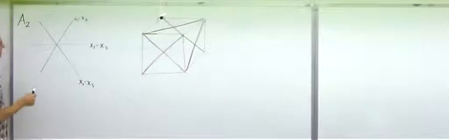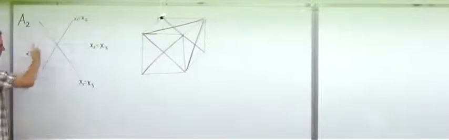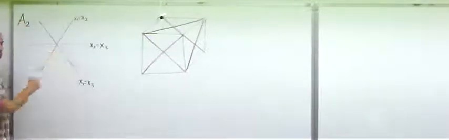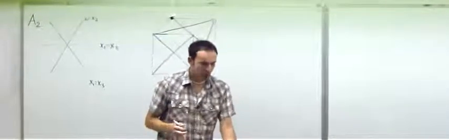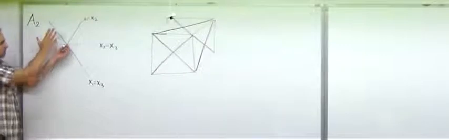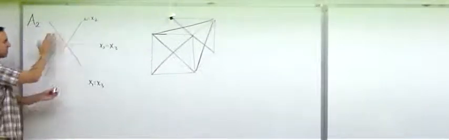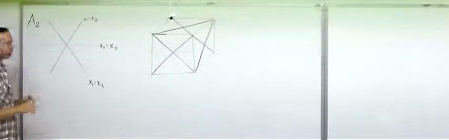And this is an arrangement that really lives in 3 dimensions. The hyperplanes are x1 equals x2, x1 equals x3, x2 equals x3. And as you already know, this is really a 3-dimensional picture that kind of comes out of the board like this. And this is like a cross-section of that picture.